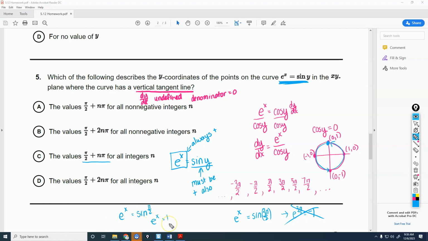So e to the x could equal 1. That's a possibility. That's not 3 pi over 2, that's an x. E to the x cannot equal negative 1. So we really can't have 3 pi over 2 or 7 pi over 2 or negative pi over 2. Pi over 2 is really our only answer on the unit circle, so it needs to be D, where you add 2n pi, which is 2 pi times n.